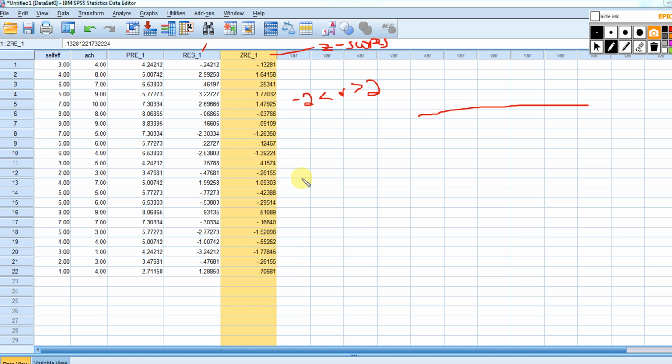So when you're going back and looking at our output, and when we were assessing normality, you'll notice that one of the things we got was this extreme values.